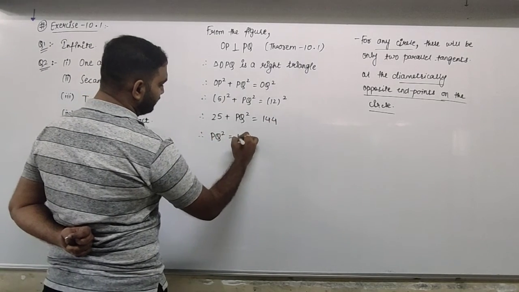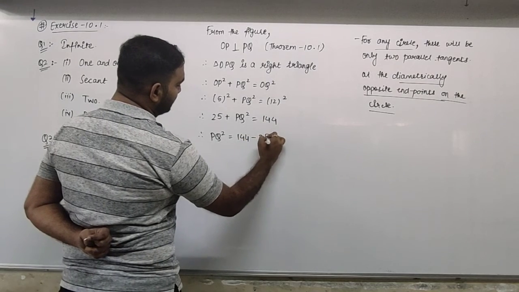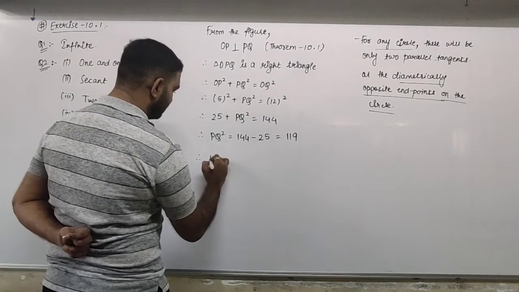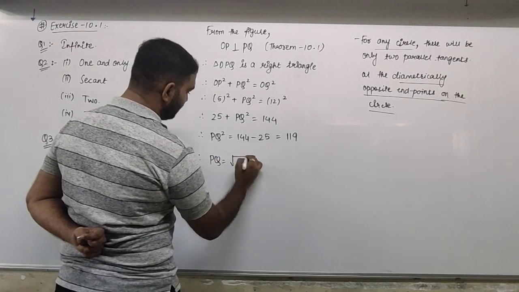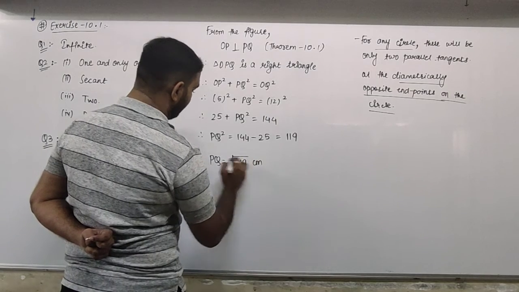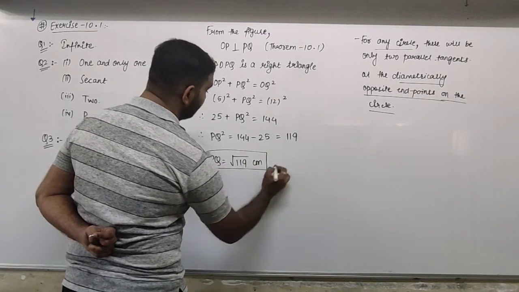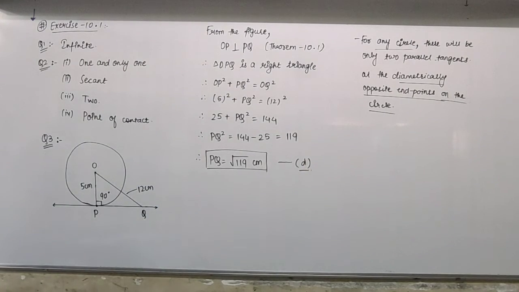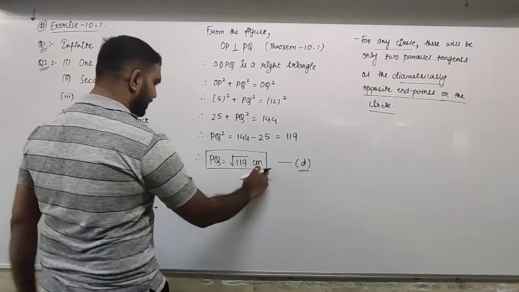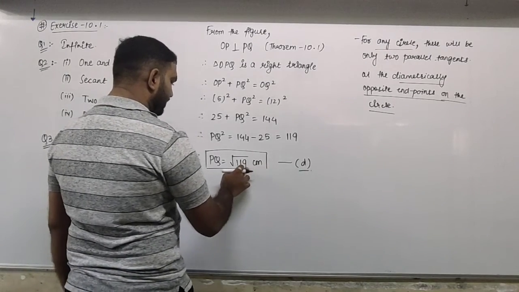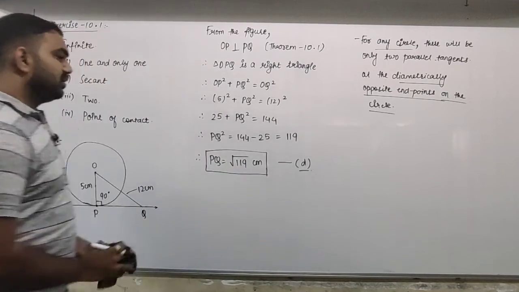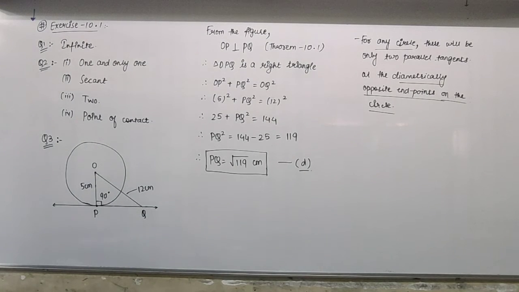Therefore PQ square is equal to 144 minus 25, that is 119, and hence the distance PQ is equal to square root of 119 centimeter, and I think that is option D, right? Square root of 119 centimeter, option number D. So that is how you will be solving these kinds of sums.